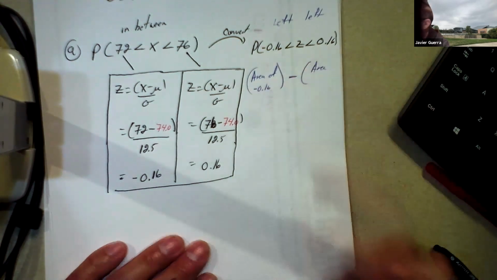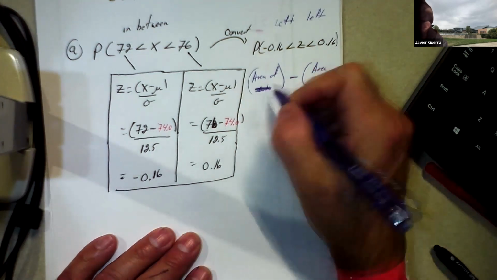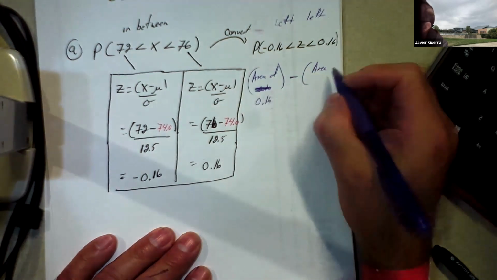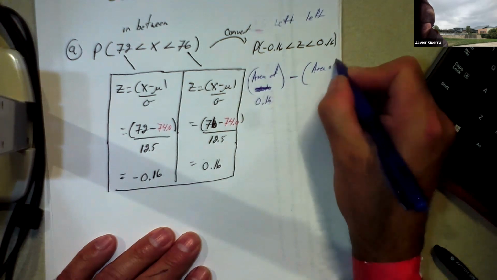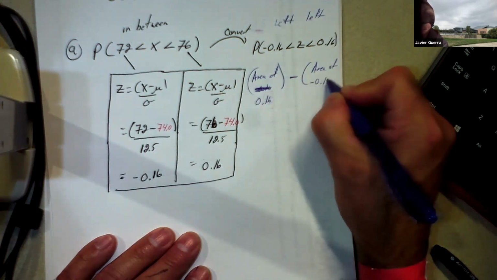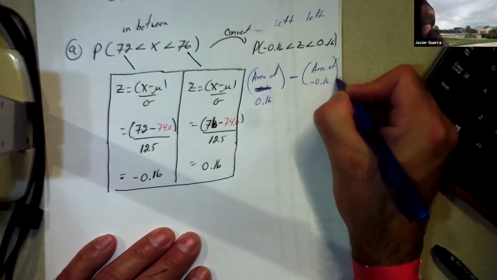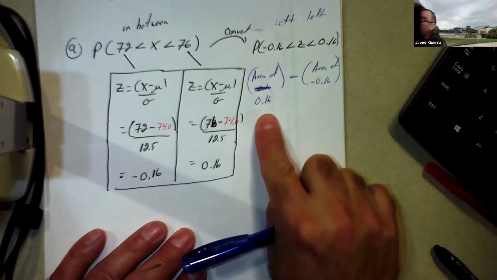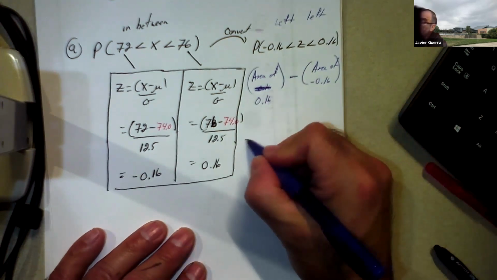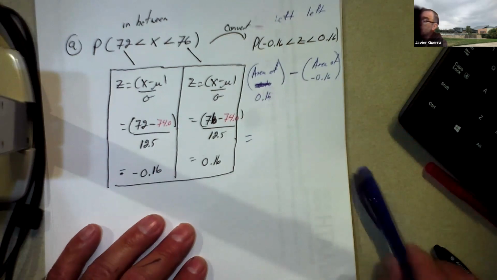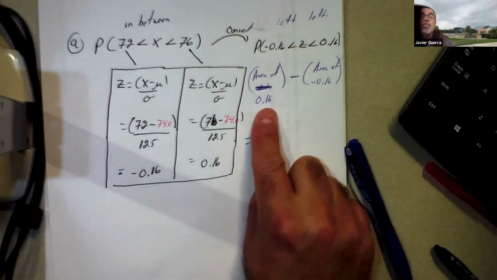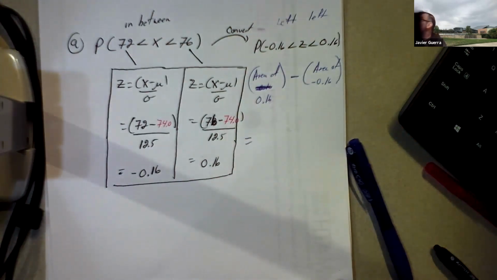Oh, positive. This one should be positive 0.16, and then this one should be the area of the negative. Plug in the positive first, then subtract the negative. Okay.